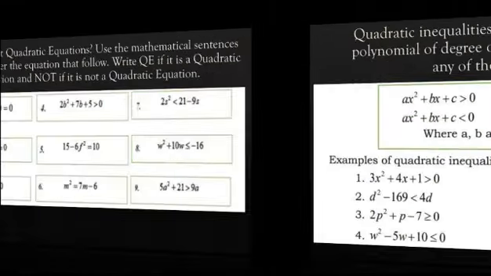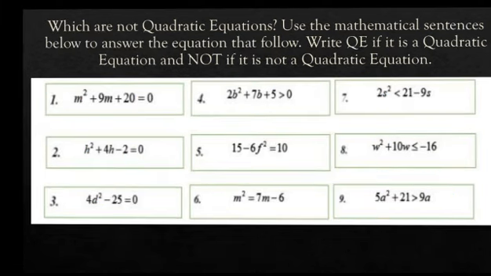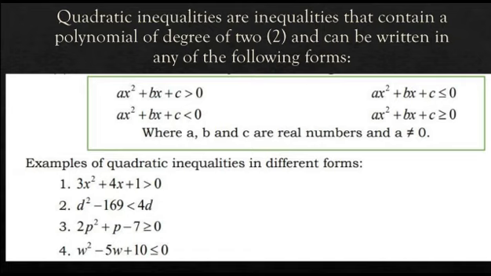So those that are encircled here, 2b squared plus 7b plus 5 greater than 0, 2s squared less than 21 minus 9s, w squared plus 10w less than or equal to negative 16, and 5a squared plus 21 greater than 9a are quadratic inequalities. So let's have the conceptualization of this lesson.